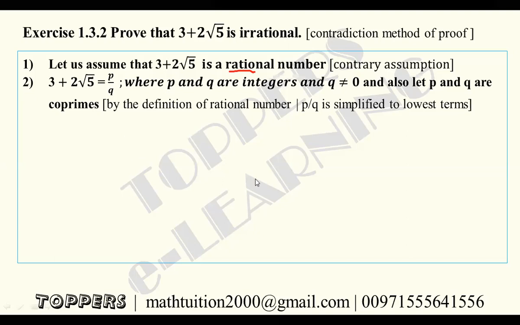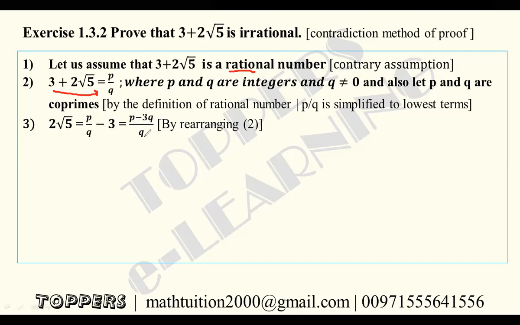Now next step, 2 root 5 equals p by q minus 3. We have taken this 3 to the right side, so this plus 3 will change into minus 3. If you want, we can make it a single fraction using LCM. We can make it as p minus 3q by q.